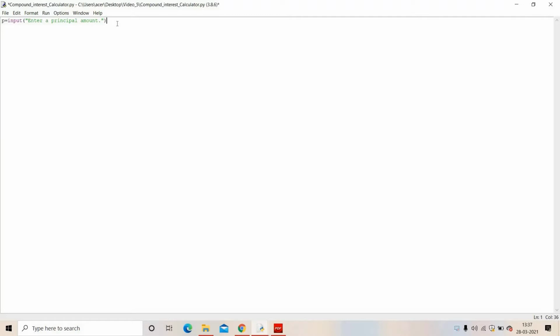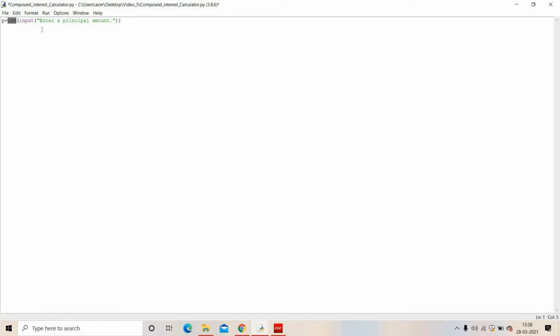This command will take input in character form and store it in variable p. But we have to convert this character into integer. So we will use the command int. To use the command int, first we will put this statement inside the bracket, and at the start of the bracket we will enter int.